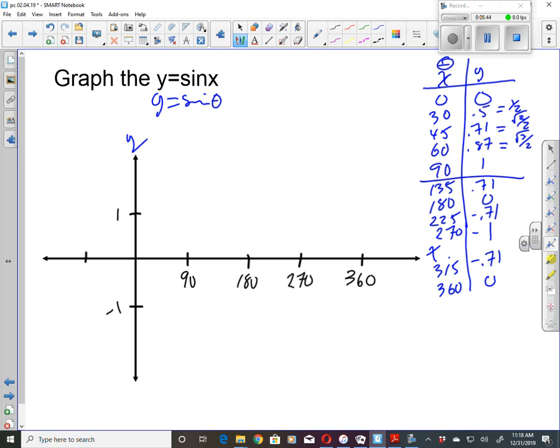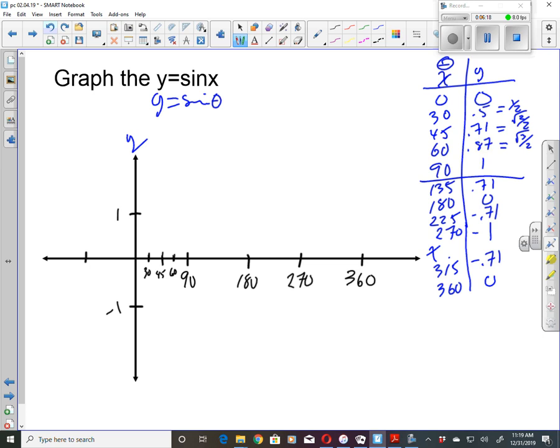Now, in order to graph that first one, notice that between 0 and 90, I have three angles. Now, normally I don't write these, and normally you're going to do this in radian measure. If you are spatially challenged, please use a ruler. If you can get it close enough, you can sort of space it out. This is going to be 45 right in the middle. This is 30 degrees, and this is 60 degrees.